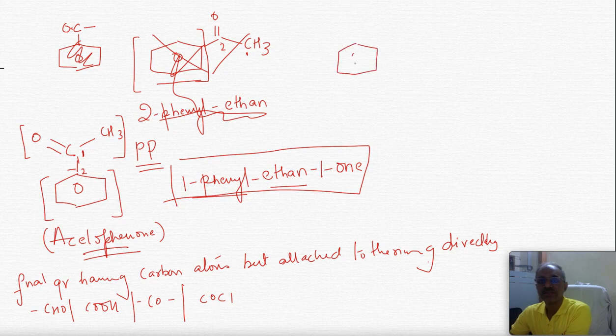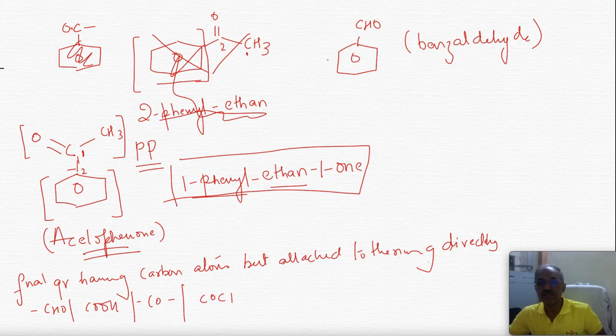Take for example this, where CHO is there. The common name is benzaldehyde. But if I want the IUPAC name, benzene is a substituent here. If you see the table in the previous lecture, where I told the prefix and the suffix of all the functional groups, this is the main primary functional group and this is the substituent.